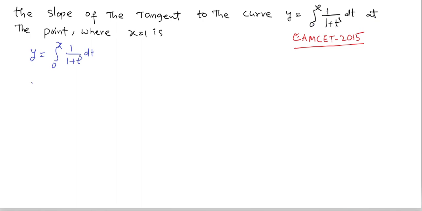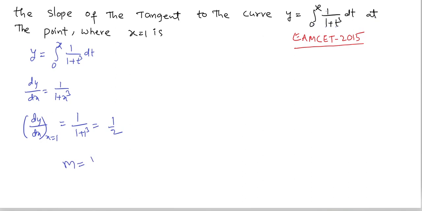So take differentiation, that is dy by dx is equal to, integration cancels, 1 by 1 plus x cube. This dy by dx at x is equal to 1 is 1 by 1 plus 1 cube, that is equal to 1 by 2. Therefore the slope of the tangent to the curve is equal to 1 by 2.